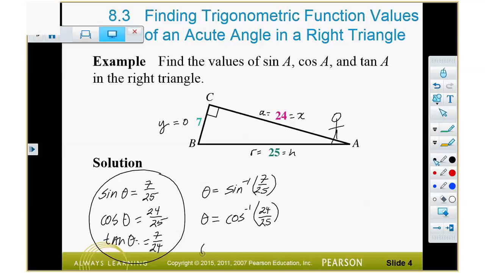And theta is equal to the inverse tangent of 7 over 24. Somebody do one of these and tell me what this angle is right here. Make sure your calculator's in degree mode. Take the inverse sine of 7 over 25 and tell me what the degrees is.